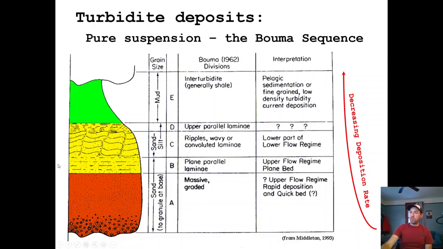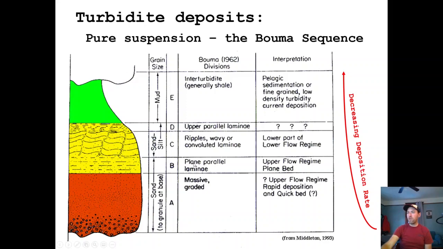Then in the next regime, you end up with planar parallel laminations of sand, and that reflects that upper plane bed flow, right? That follows after you've kind of done your massive dump of sand. Now you're in an upper flow regime, plane bedded flow at that Froude critical situation.